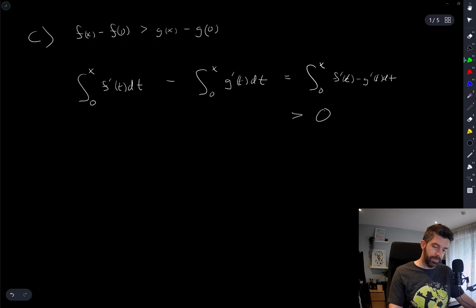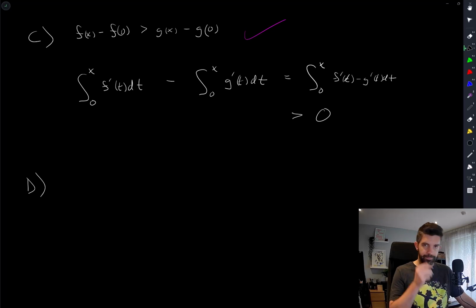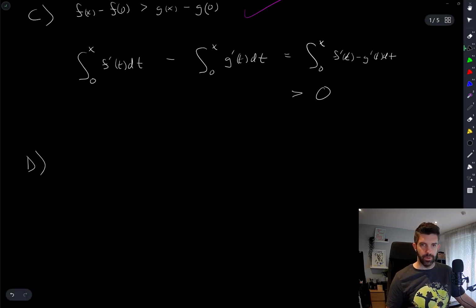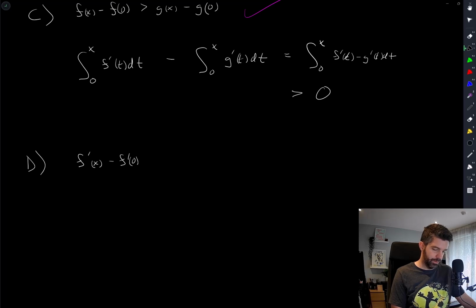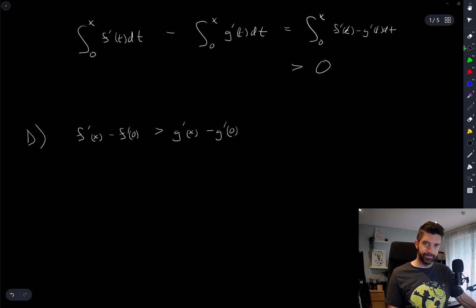So this will be the correct answer, but why don't we go through some of the other options to verify why they're not true. Okay, the next option, f prime x minus f prime 0 is greater than g prime x minus g prime 0. So this, I don't think this has to be true either.